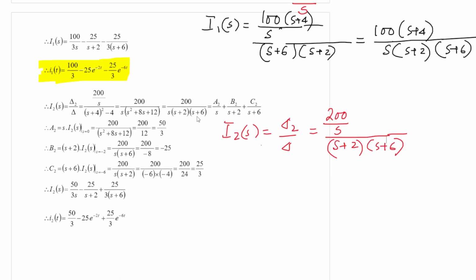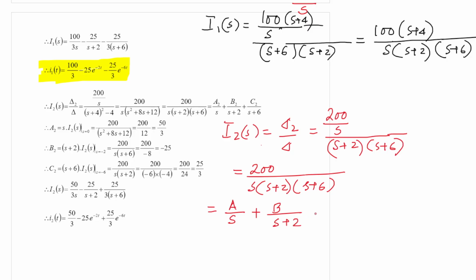So I2s will be 200 by s into s plus 2 into s plus 6. We represent this equation in partial fraction expansion as a by s plus b by s plus 2 plus c by s plus 6.